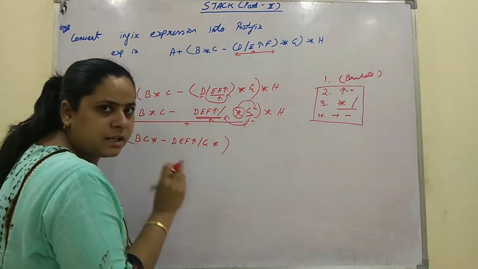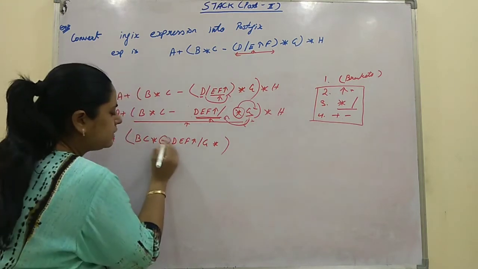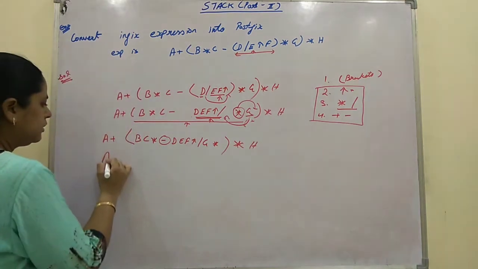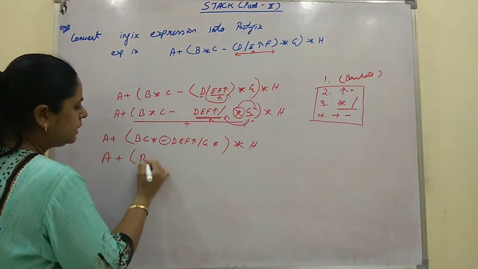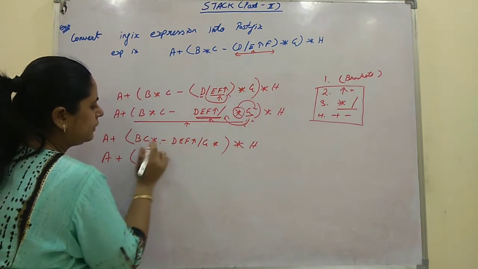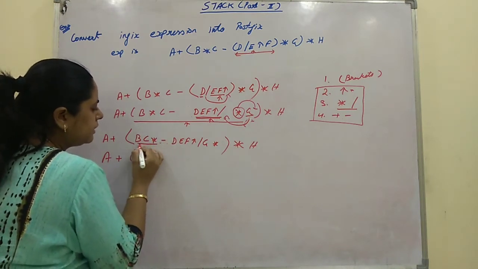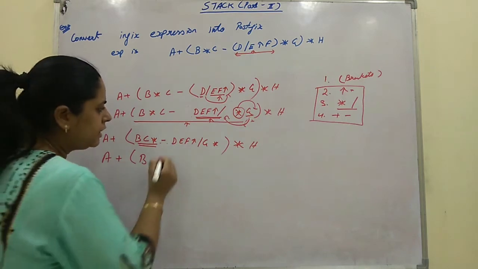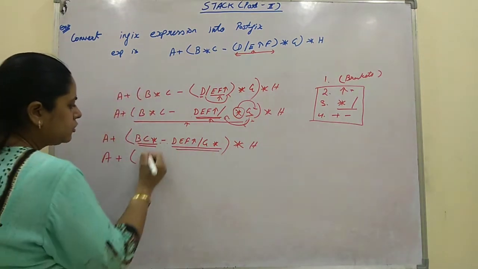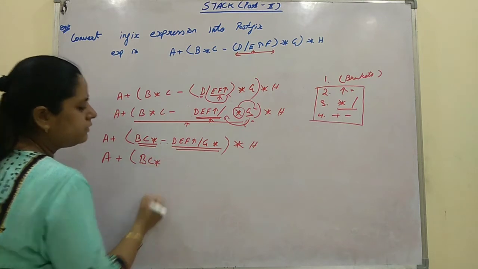Did we solve each and every operator? No. Still this operator is left. So A plus B C. Now what will we do? We are left with this operator. We will consider it as one operand and this as the second operand. So BC asterisk we will write as it is.